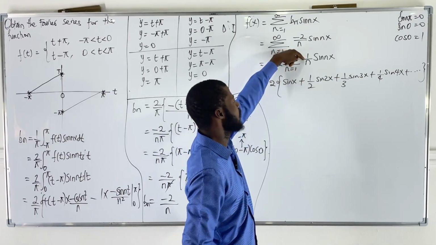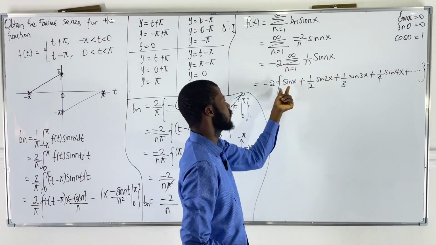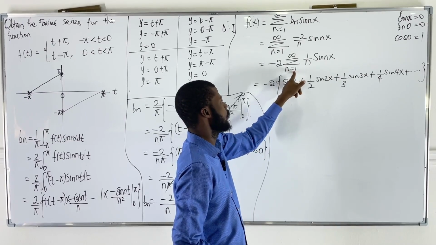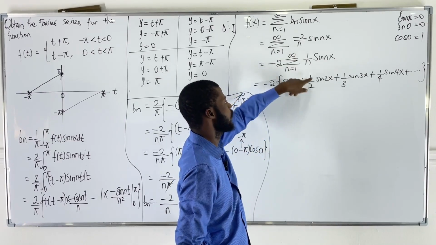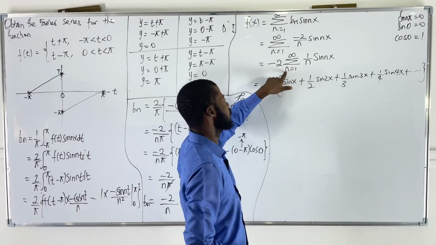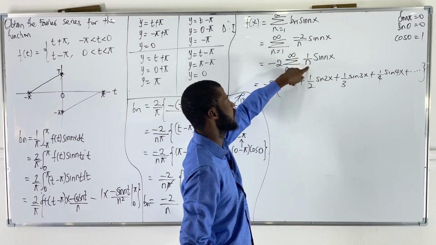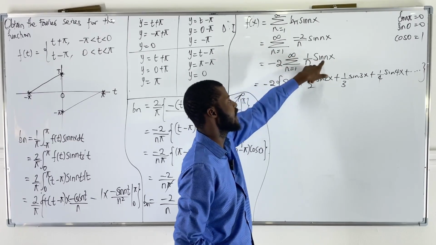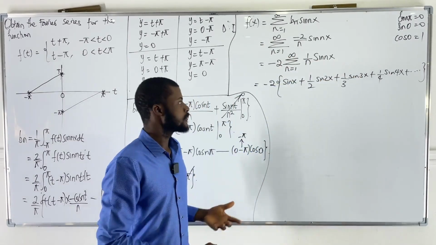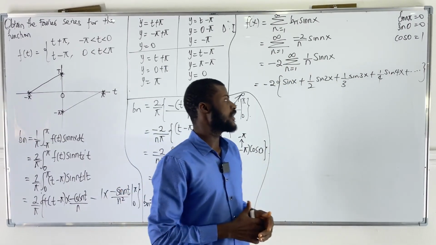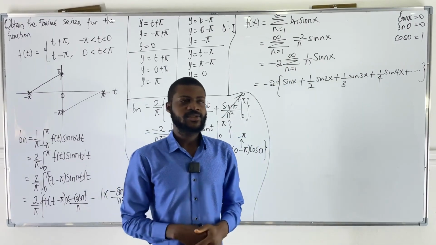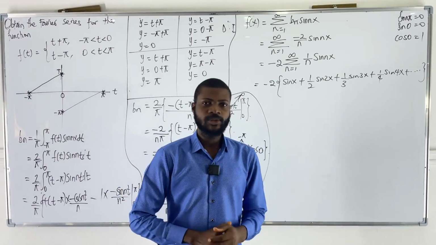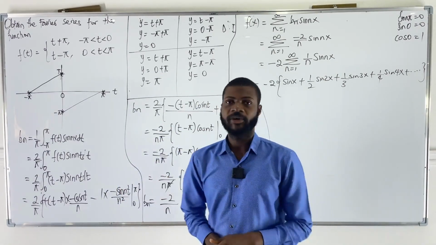So this is 1 over 1 sine 1x, which is the same as sine x. Next, when n is equal to 2, this will be 1 over 2 sine 2x. Next, when n is equal to 3, 1 over 3 sine 3x. When n is equal to 4, 1 over 4 sine 4x. Just like that. And this will be the answer to that very equation. So it's actually something easy to solve. It is not difficult. So with this, I am done with solving this very problem.